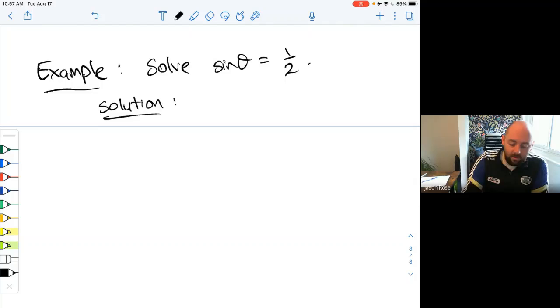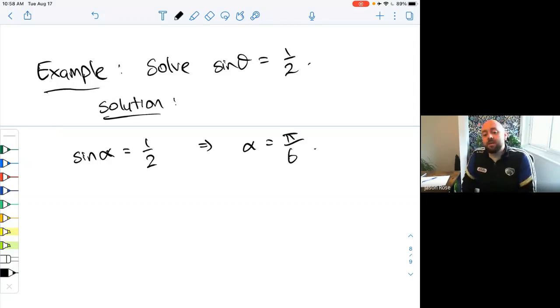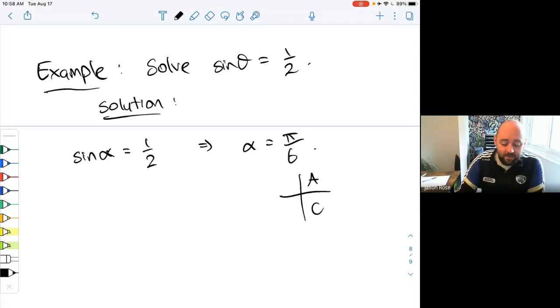Again, I'm going to go through the whole thing of reference angle because even though it's already positive, I like to keep the method the same. Sine alpha equals a half means that alpha is pi over 6. You should have learned that sine of pi over 6 is a half. I then say to myself, where is sine positive? Because a half is not the only answer. It's also going to be somewhere else. It works in here and in here.